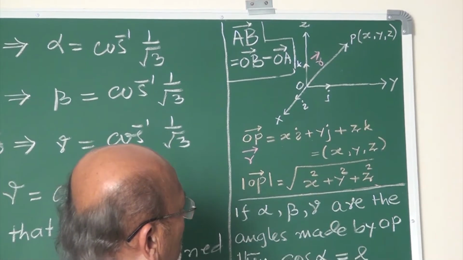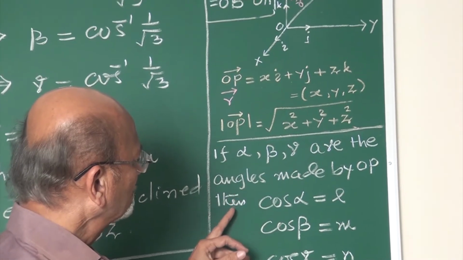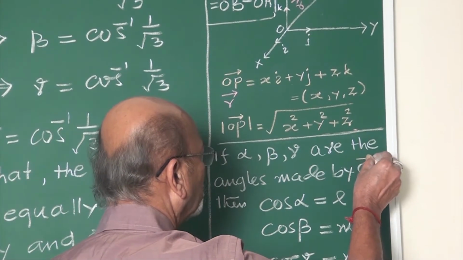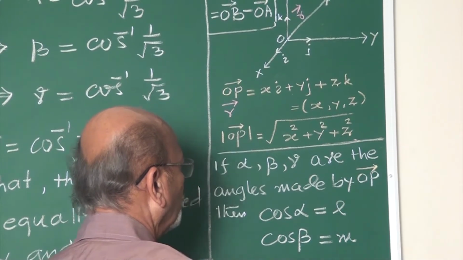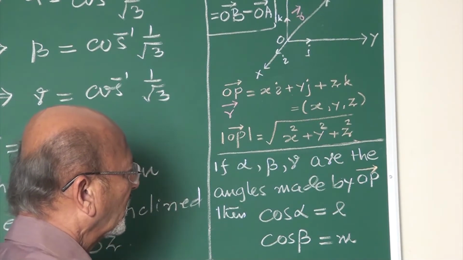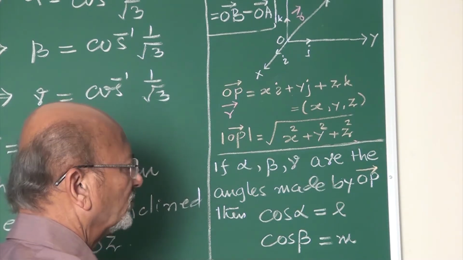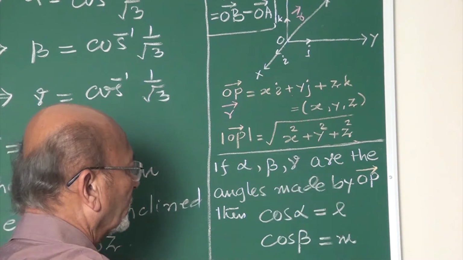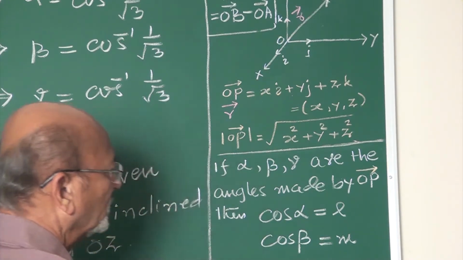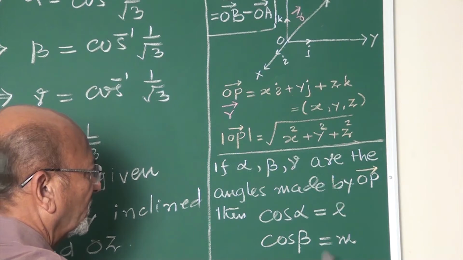What is next? If alpha, beta, gamma are the angles made by the vector OP with the axes, then cos alpha, cos beta, cos gamma are called the direction cosines of the vector OP, denoted by l, m, n. Therefore, cos alpha is l, cos beta is m, cos gamma is n.